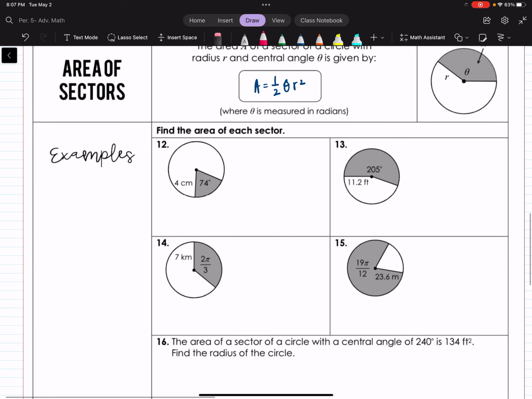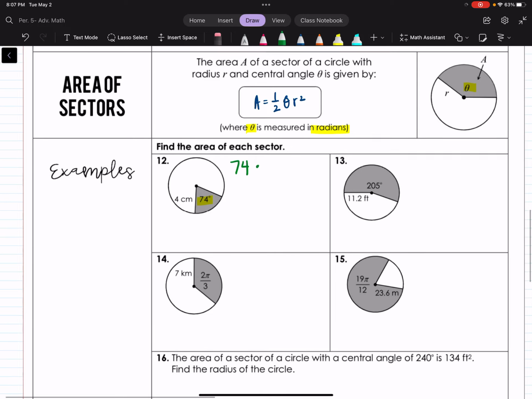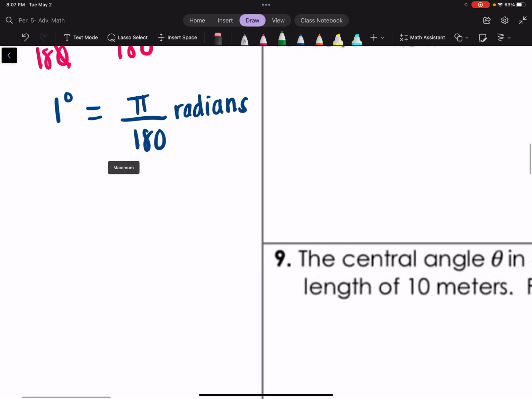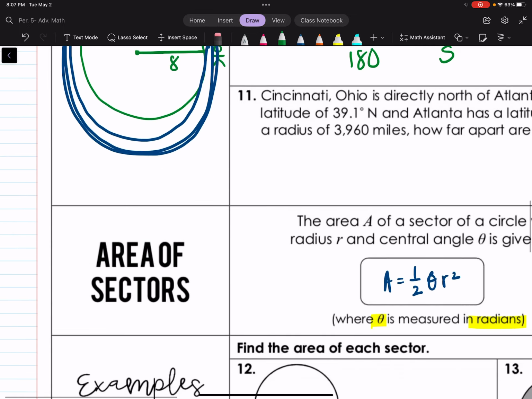So, like I said, you need to make sure that theta is in radians. This theta is not in radians, it's 74 degrees. So your first step is to convert 74 degrees into radians. The way that you do that is you multiply your angle in degrees by pi over 180.